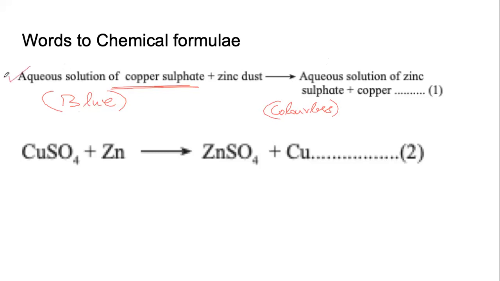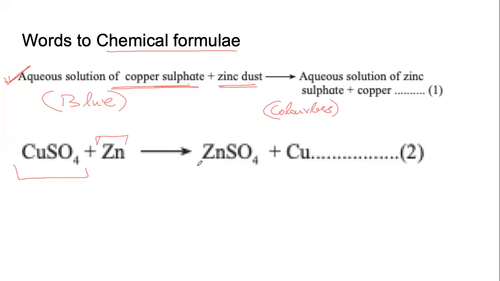Now, this is called a word equation, which Chand tried to write just now. But if we make it a chemical equation, we need to use chemical formulae. Copper sulfate is CuSO4. Sir told you we need to know the formula for molecules. Zinc, Zn.